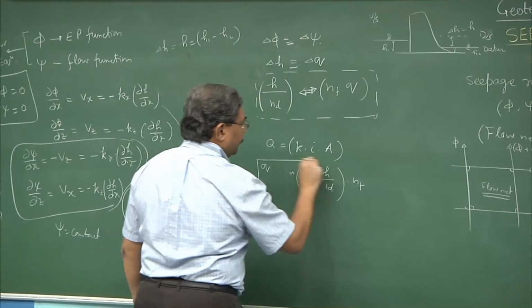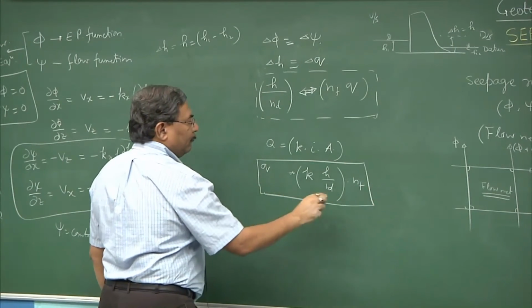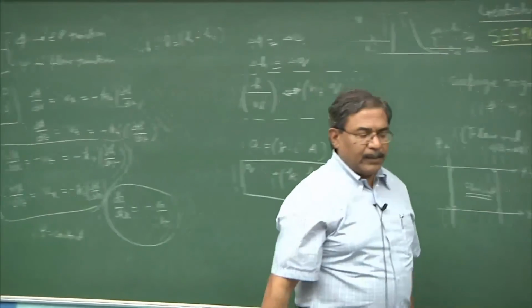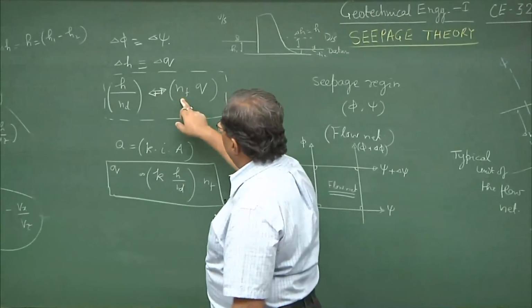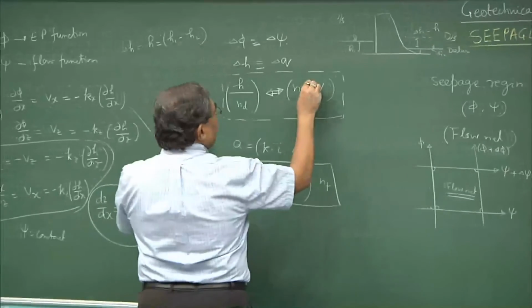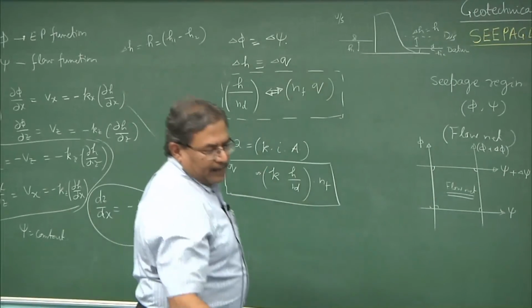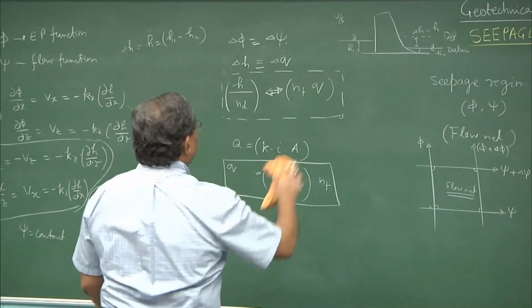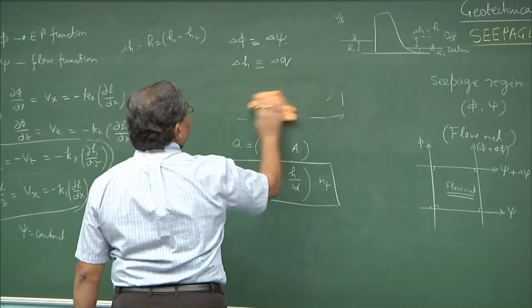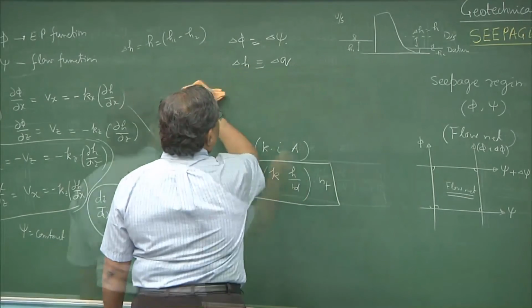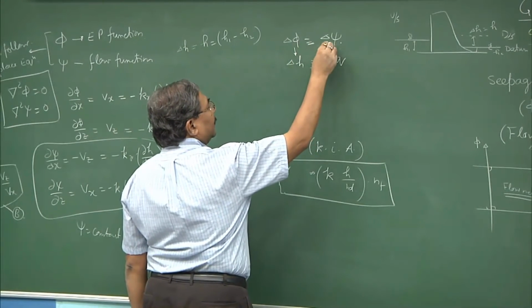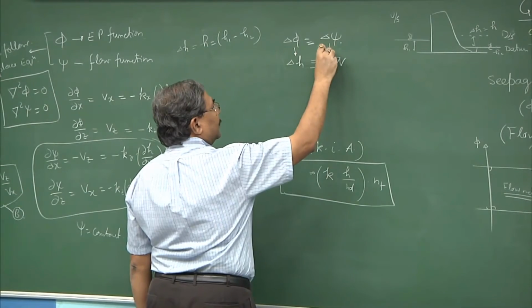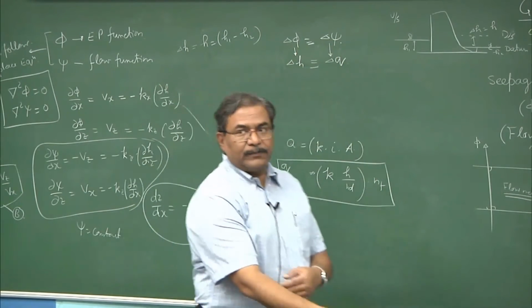Is this okay? Because there are so many flow channels which are contributing to the discharge. So, this concept I have used over, let us say, I think I will eliminate this step to not complicate things, then it is all right. No, my idea was that delta phi is nothing but delta H function and delta psi is delta Q function. This is what I am trying to show.